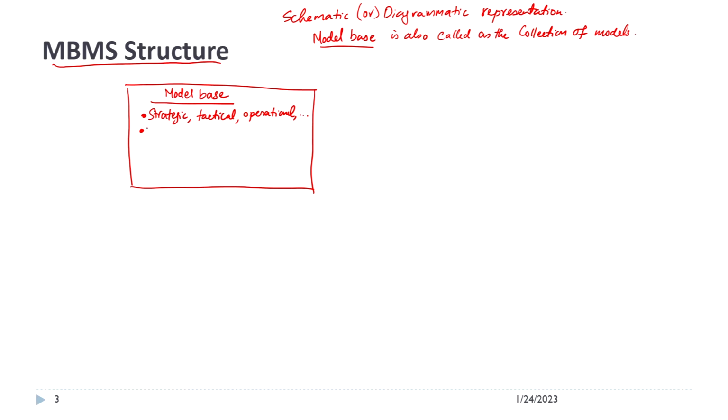We can also have statistical, financial, marketing, engineering, production, accounting, etc. These types of models are another aspect that is possible.